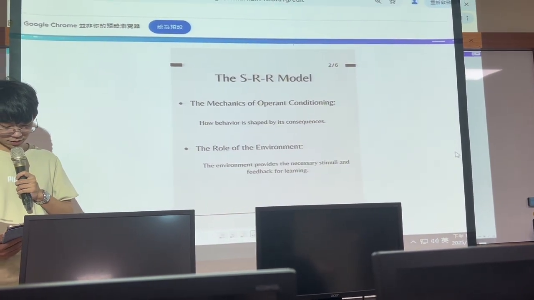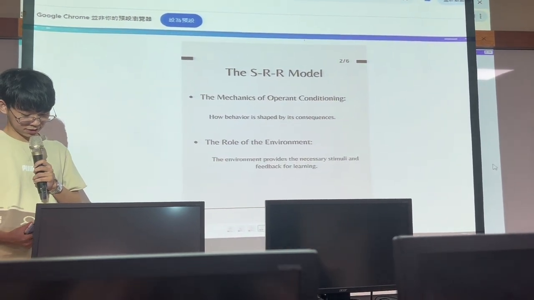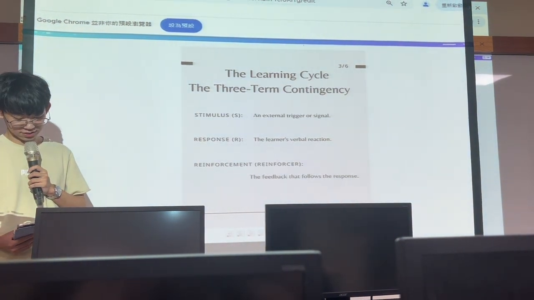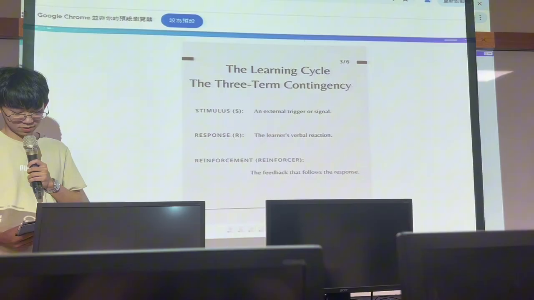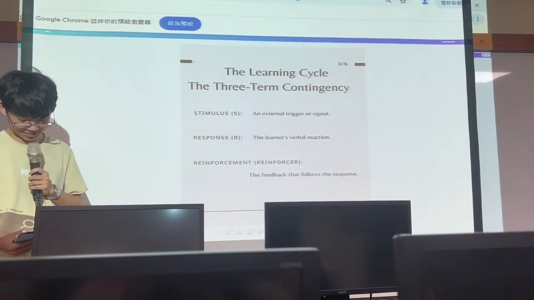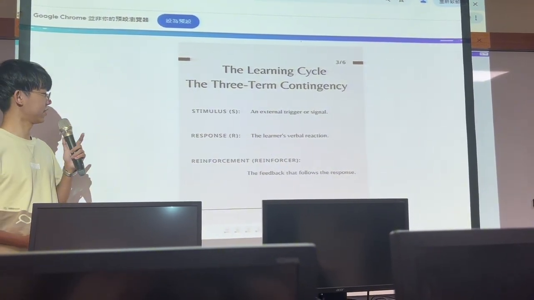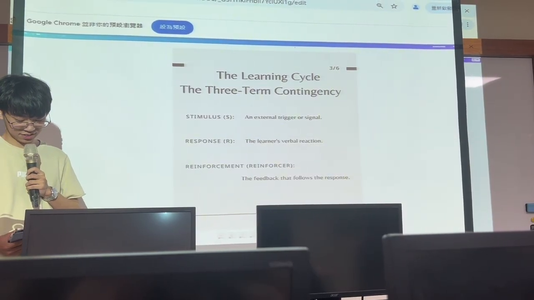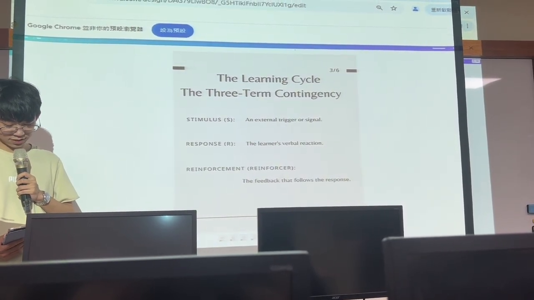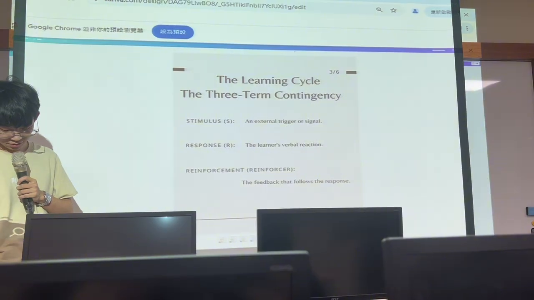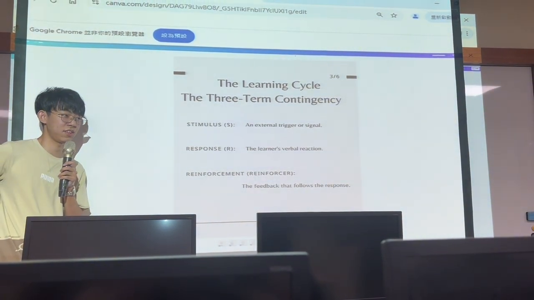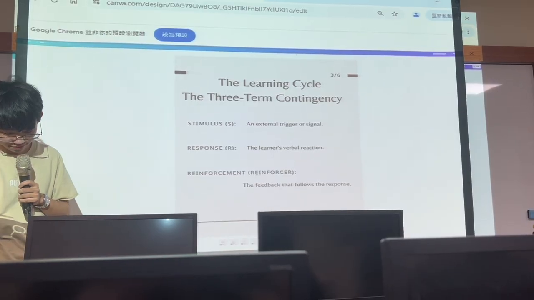Let's look at this process step by step. This is called the learning cycle or three-term contingency. First is the stimulus, something from the environment, such as language, someone asking a question, or just like you see an apple, or you hear a vocabulary word.